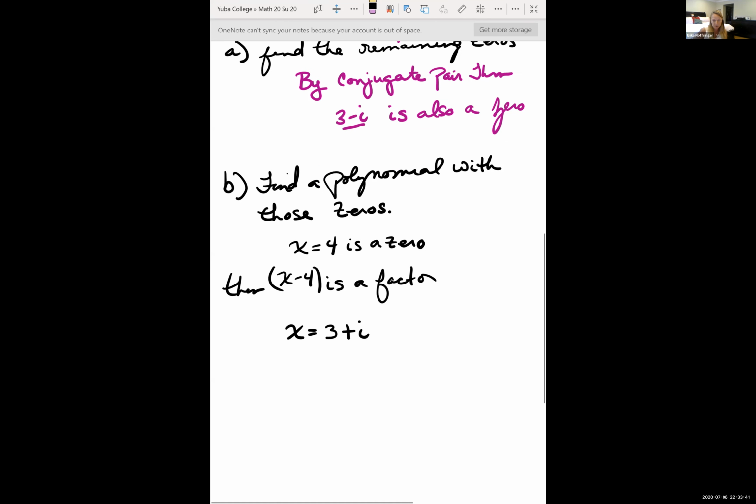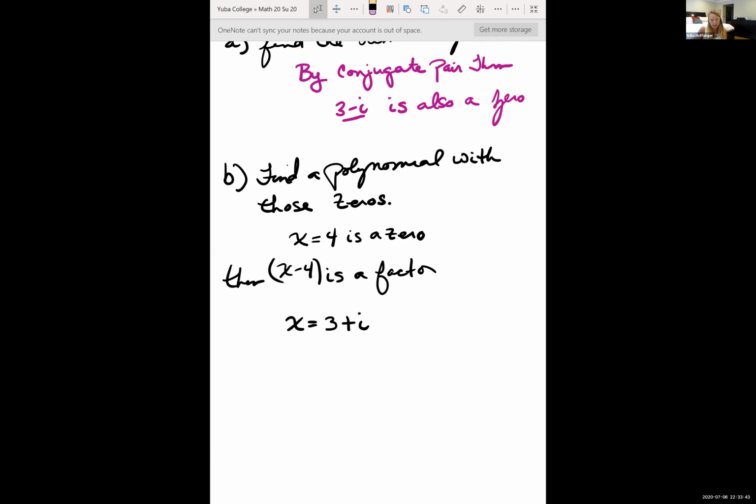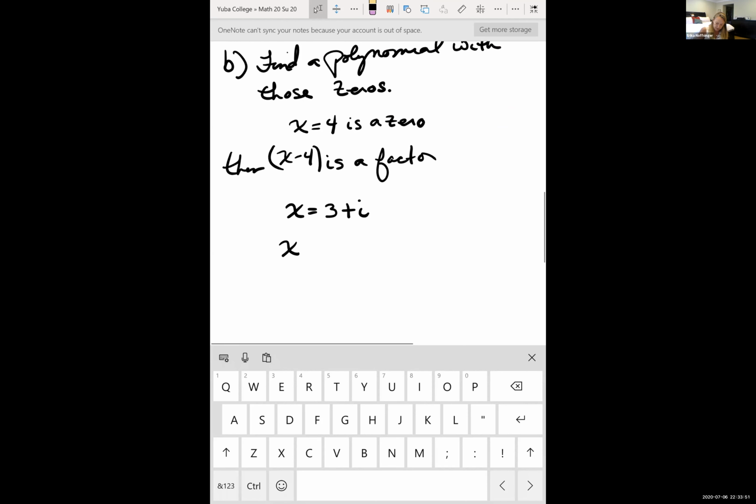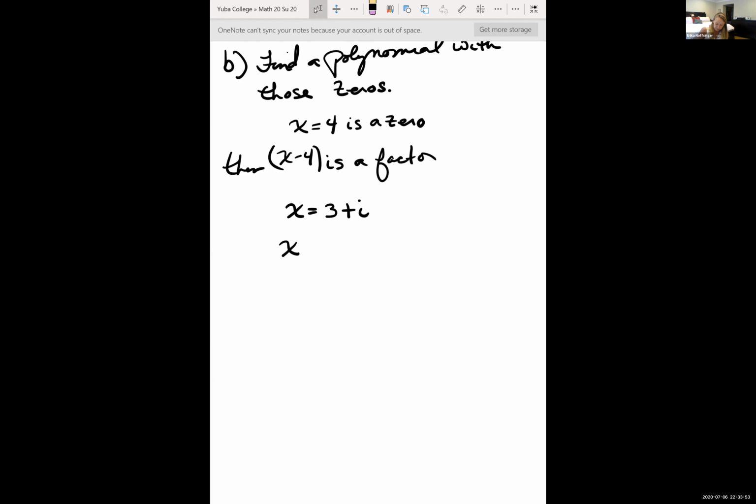Subtract 3 on both sides and subtract i on both sides. Those are not like terms, so I would just write it as x minus 3 minus i equals 0. So x minus 3 minus i is a factor.